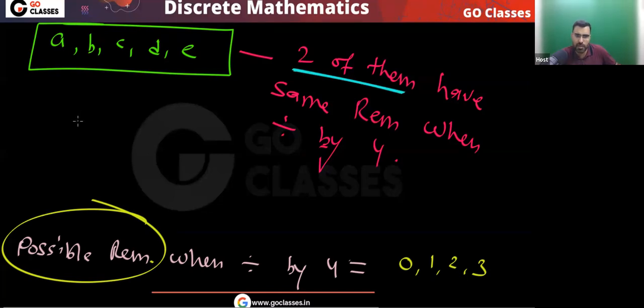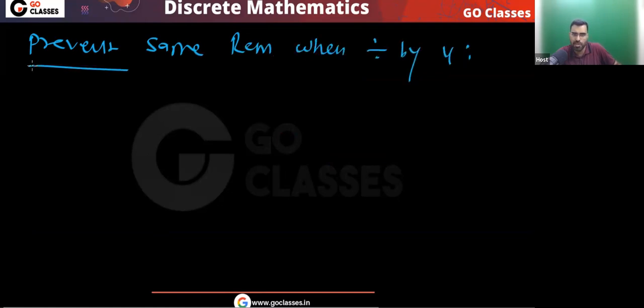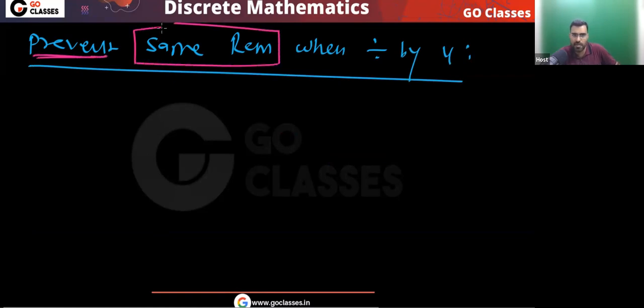And this is very simple. Let's prevent the same remainder when divided by 4. Then how many numbers can you take at most?